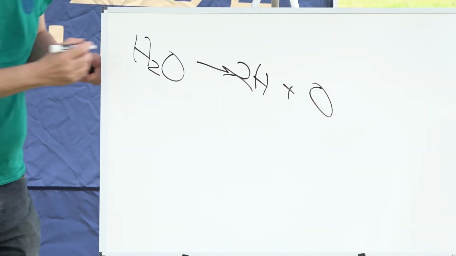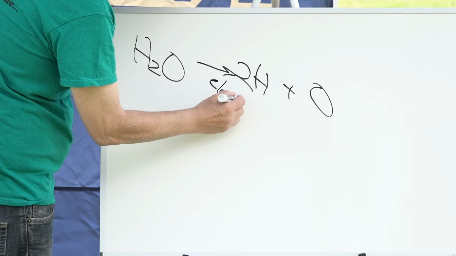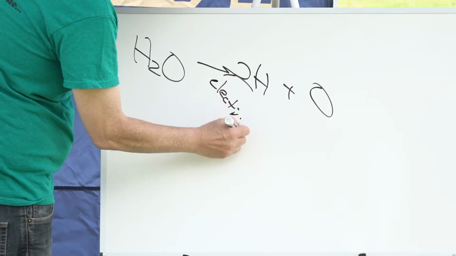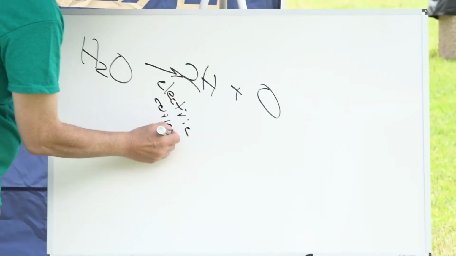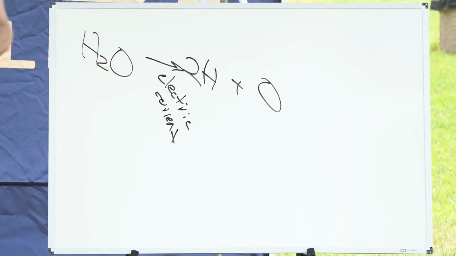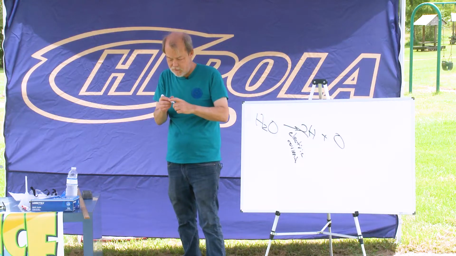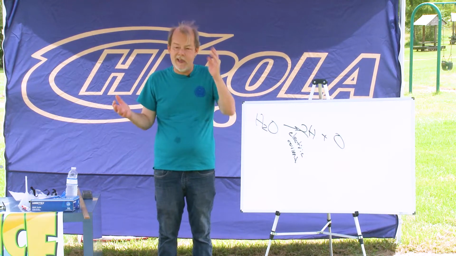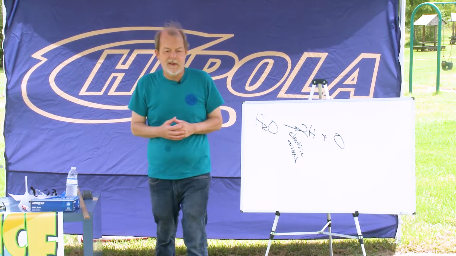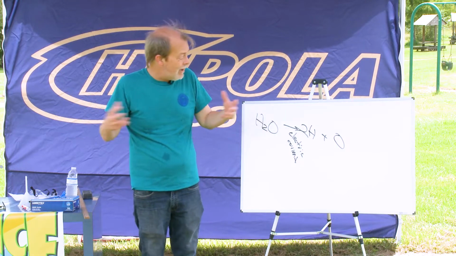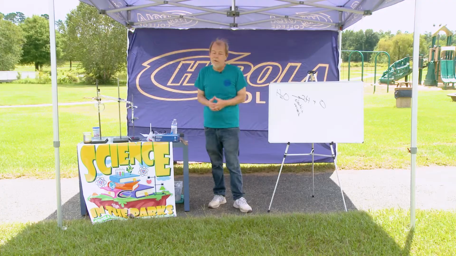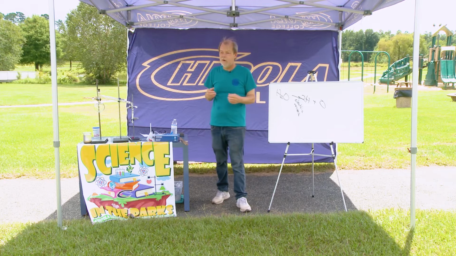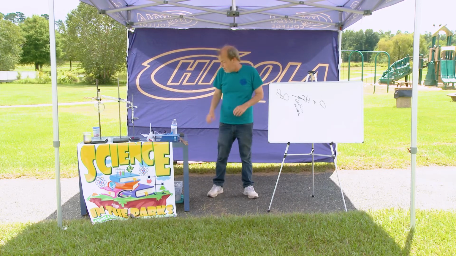But anyway, if you put an electric current on the water, you have 2 electrodes basically that you do that with, you'll produce hydrogen and oxygen. And when you combine those 2 elements again, you make pure water again. That's one way that you can do that.